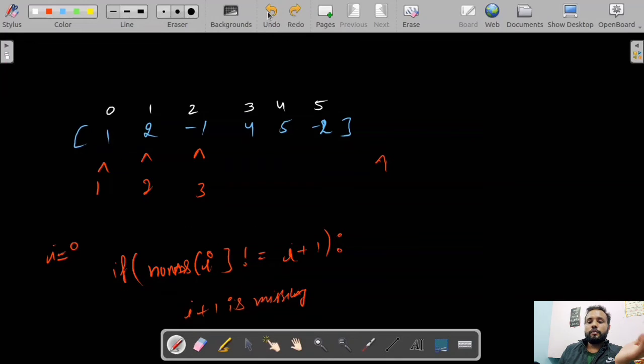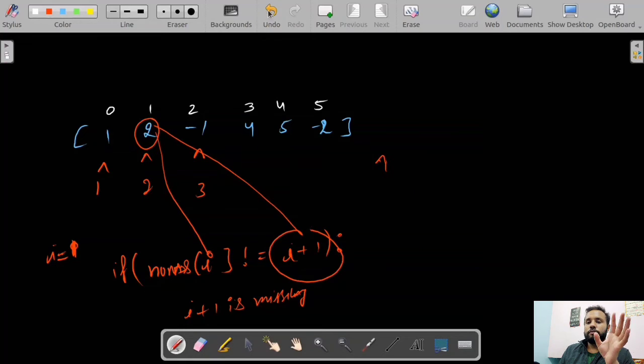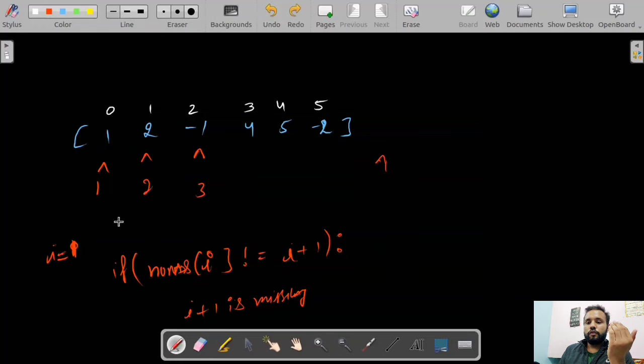If we move forward, I is 1, nums of I is 2, not equal to I plus 1, 1 plus 1 is 2, no, they are equal, so we move forward, I value becomes 2.